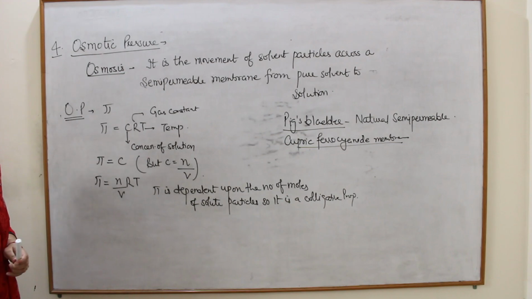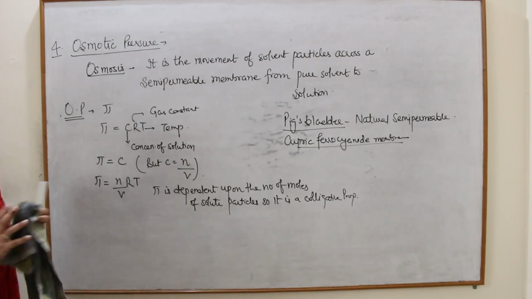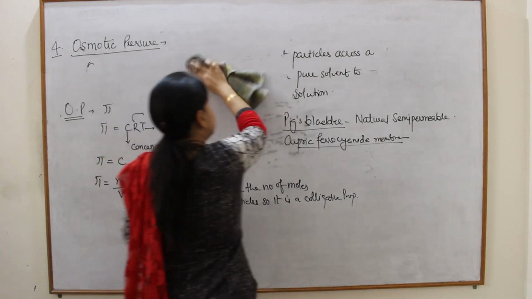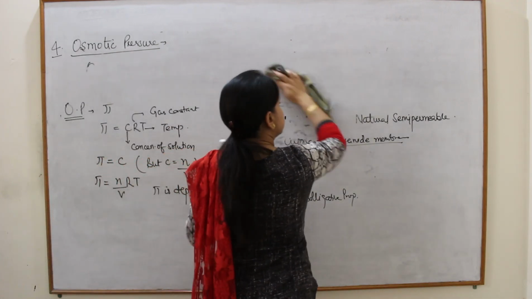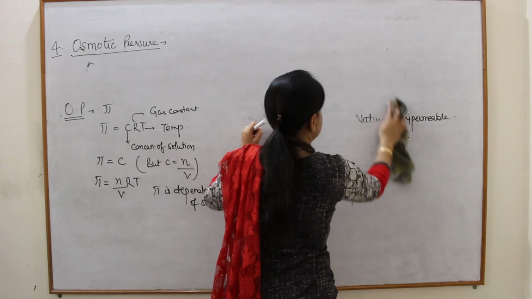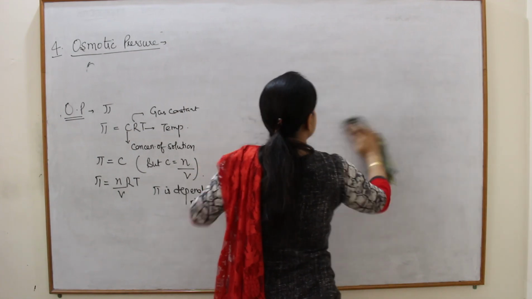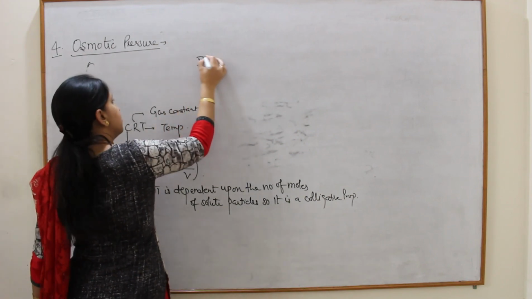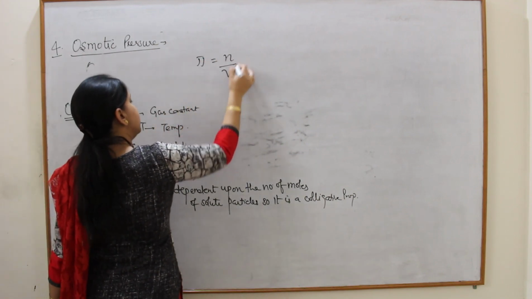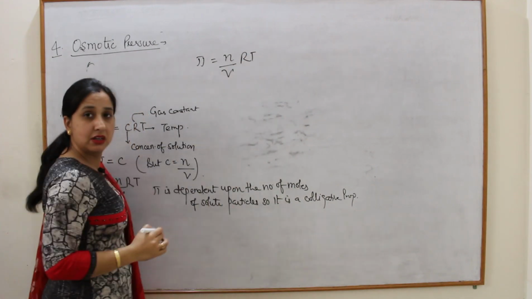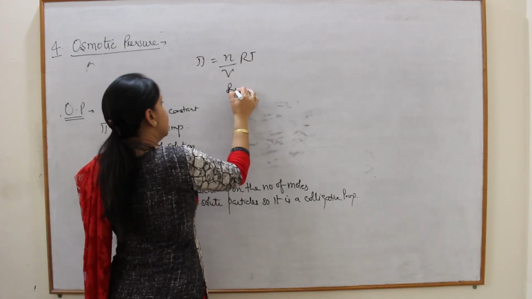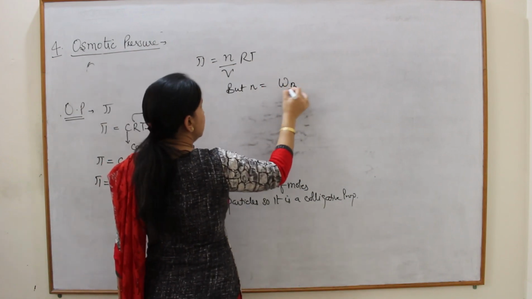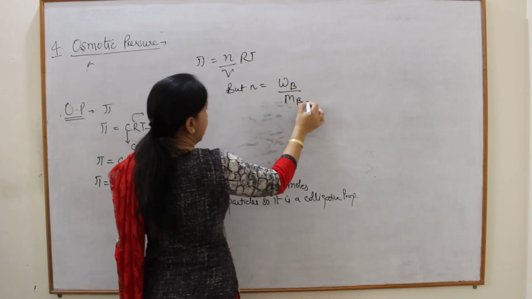Now next, calculation of molar mass of the solute with the help of this formula. So pi is equal to n upon V RT, but n means number of moles. It is again equal to WB upon MB.